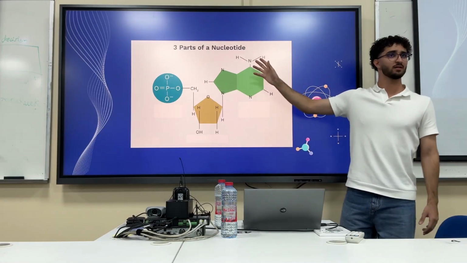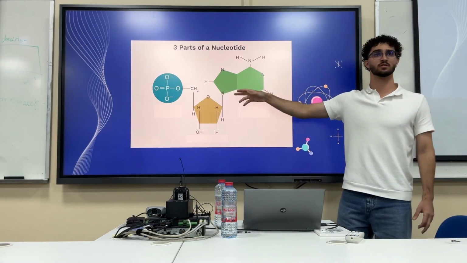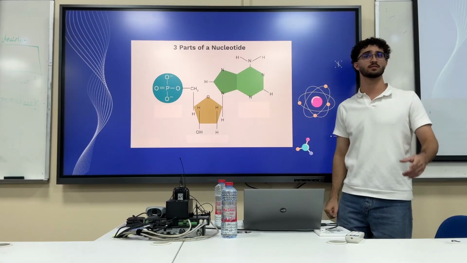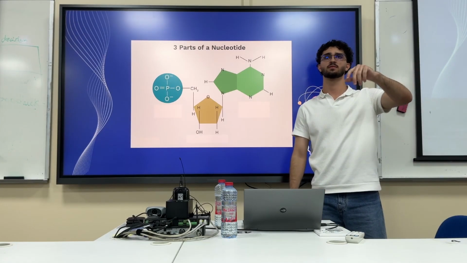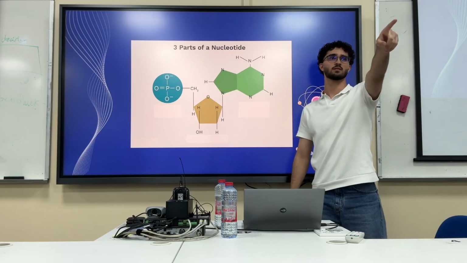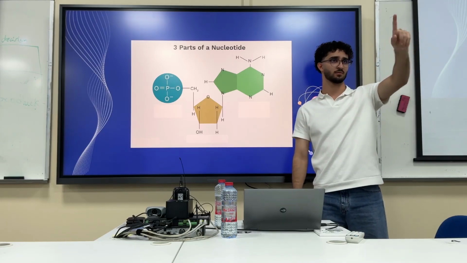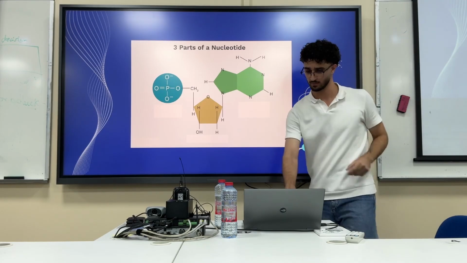This is a nucleotide. What are the components of it? Show of hands.